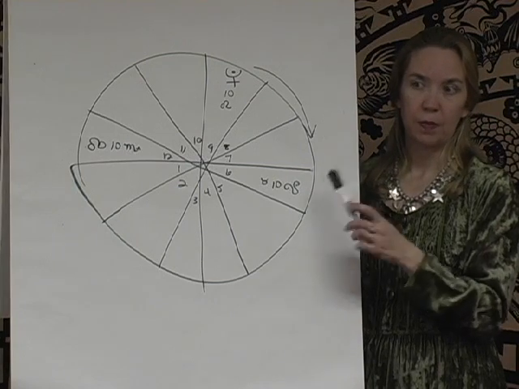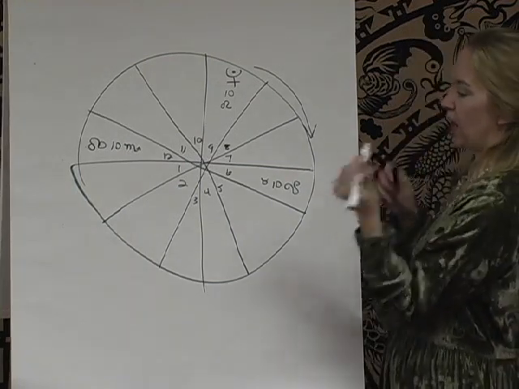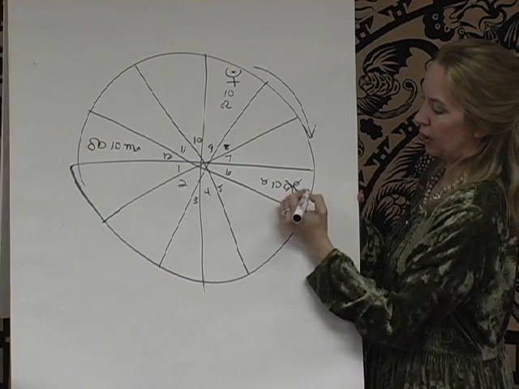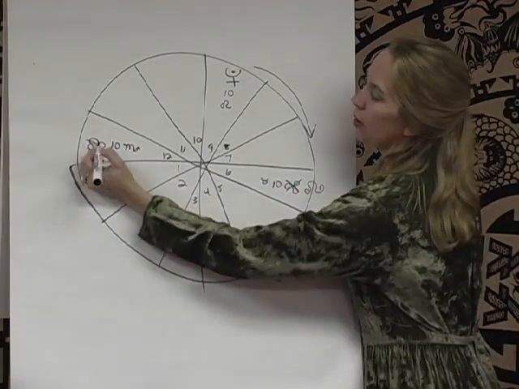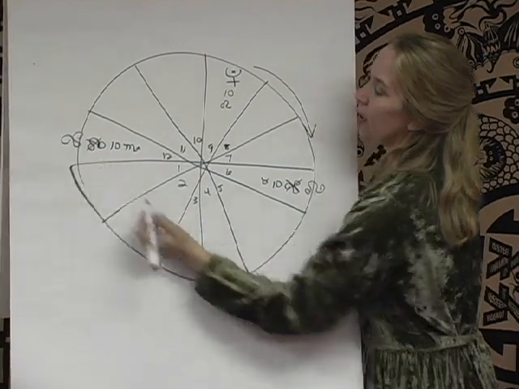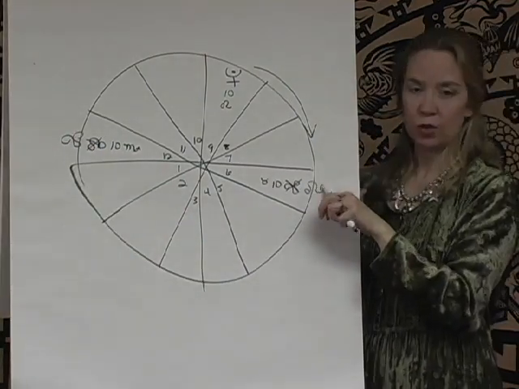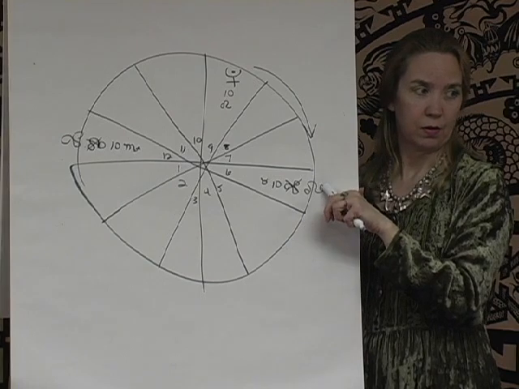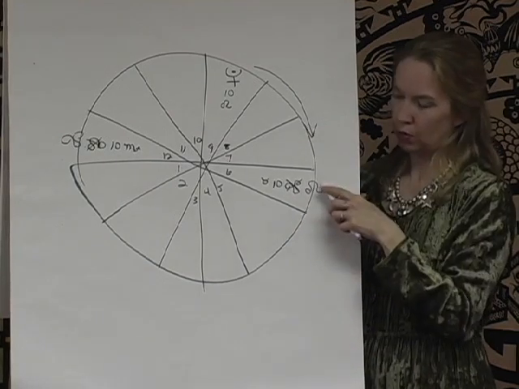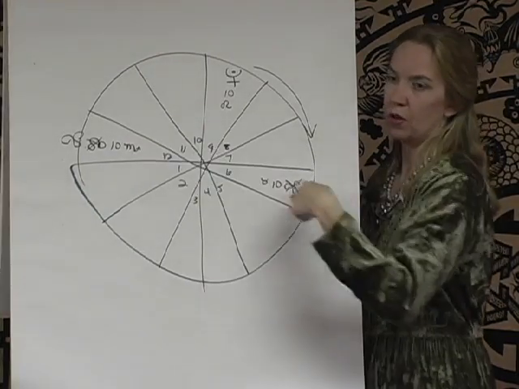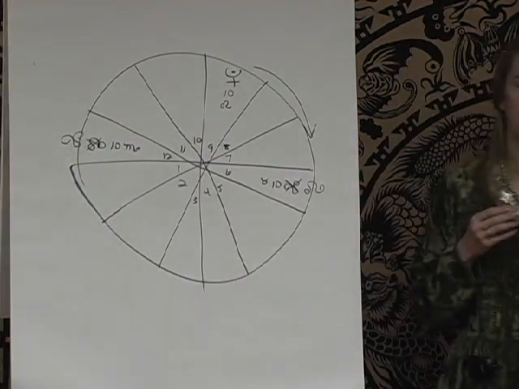Okay? If it was the opposite, and this was the north node, and this was the south node, Pluto would be applying to the north node. And we would go to the north node to figure out how to resolve the skipped steps.